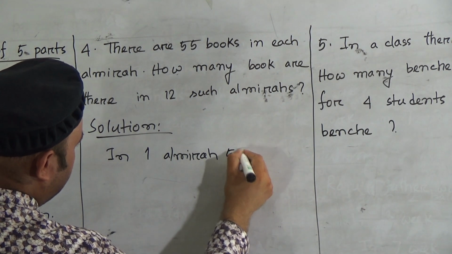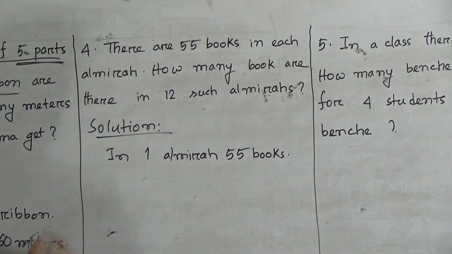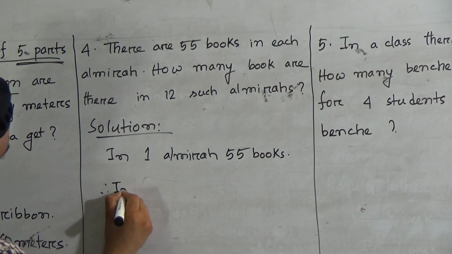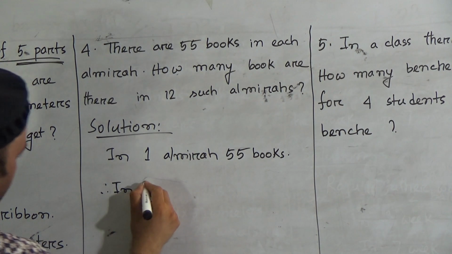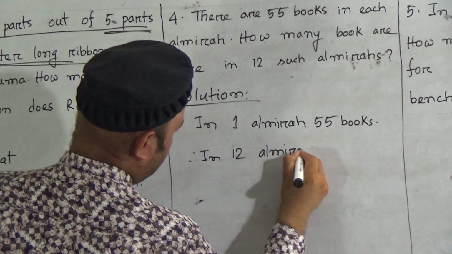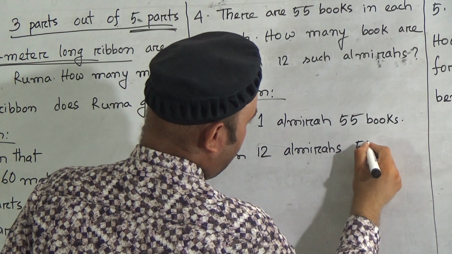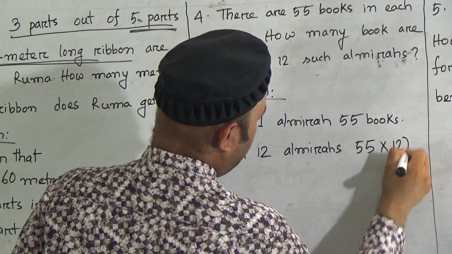Therefore, in 12 such almiras, 12 almiras, how many books are there? 55 multiplied by 12 books.